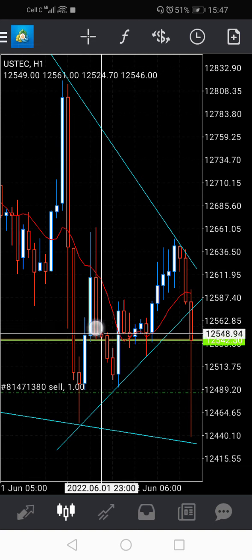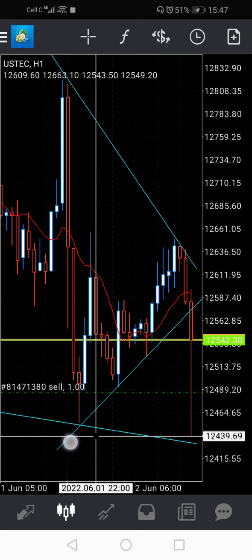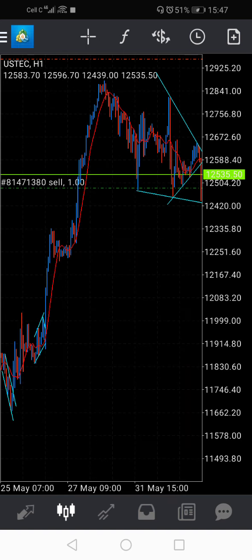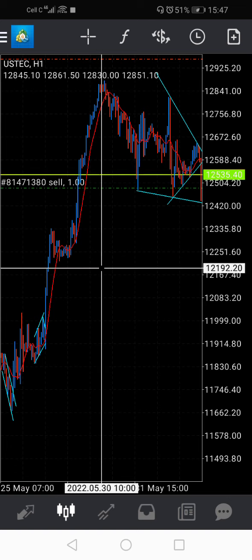If I decide to do a follow up, I'll come back and change it. But I still believe we're trending downwards because look, we made a higher high, and then here we made a lower high and a lower low. So the market is starting to move downwards.